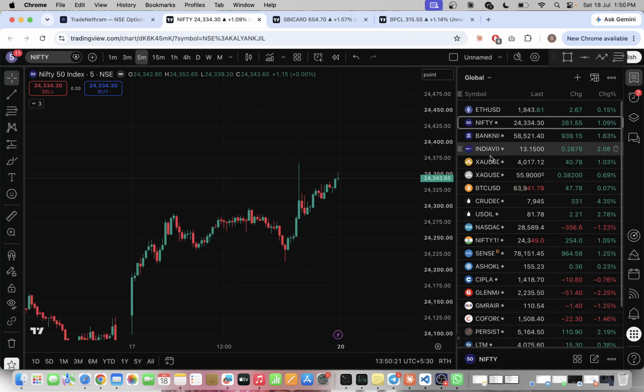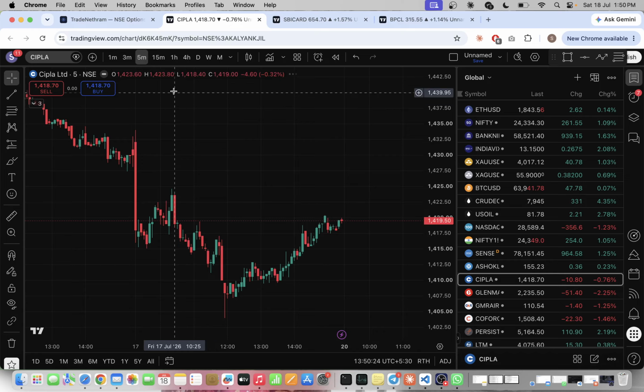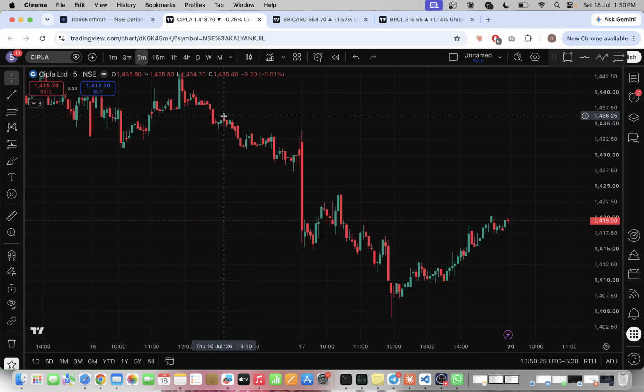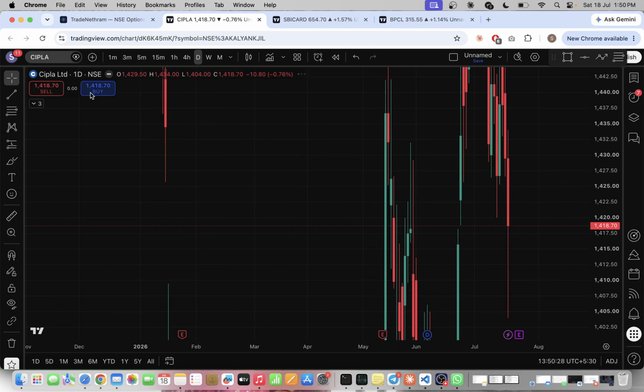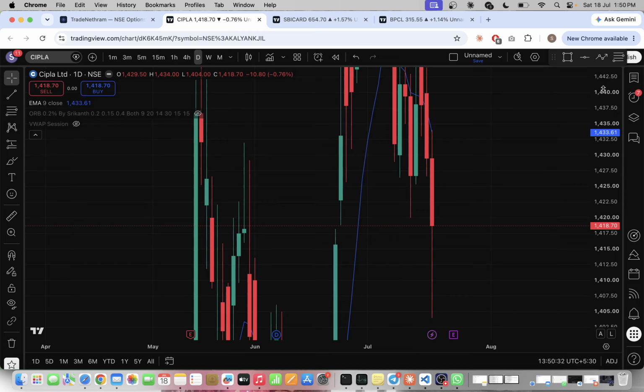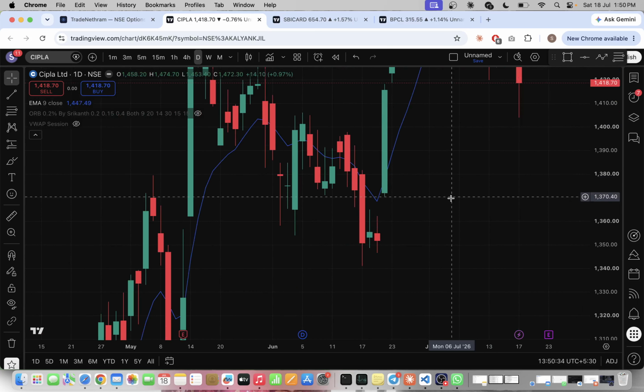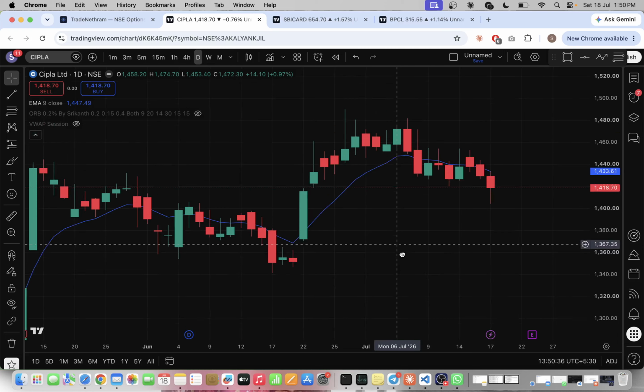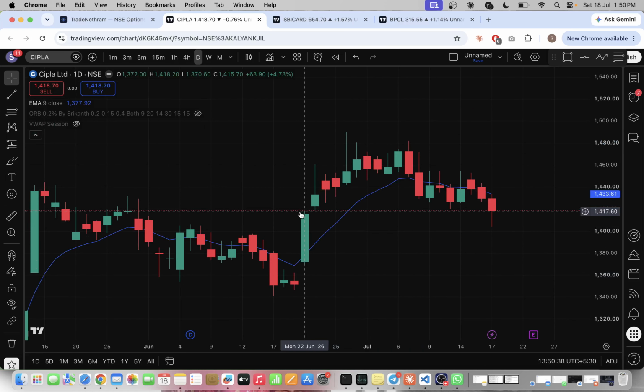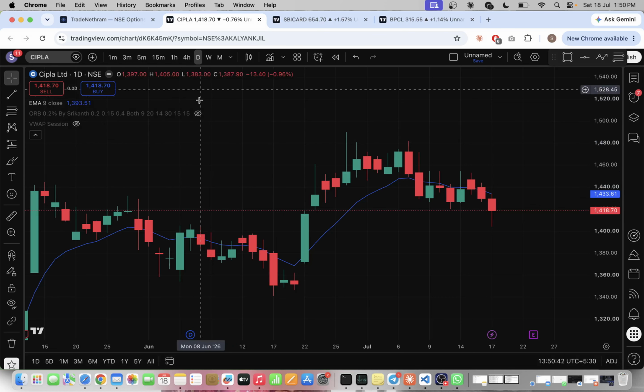Let me go to any other stocks. Let me show you directly. I'll go to daily time frame and I'll put 9 EMA. Okay, so if there is any EMA breakout, here you can see there is a huge breakout happened, right? 9 EMA breakout happened on a daily time frame.